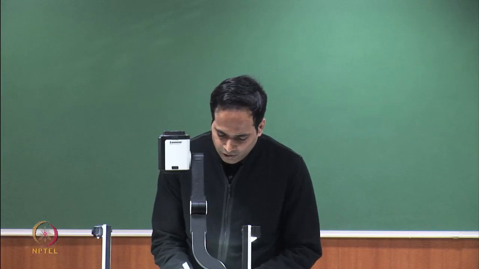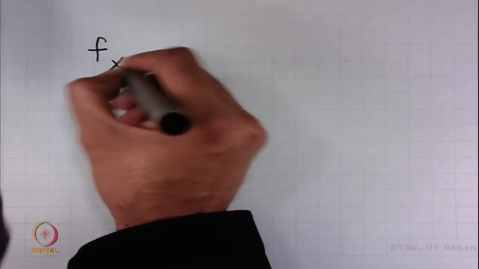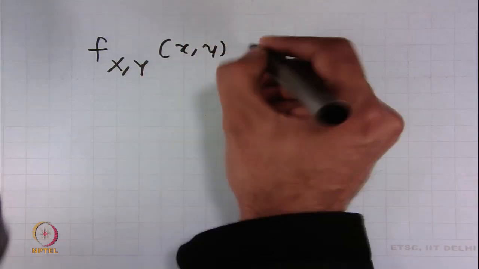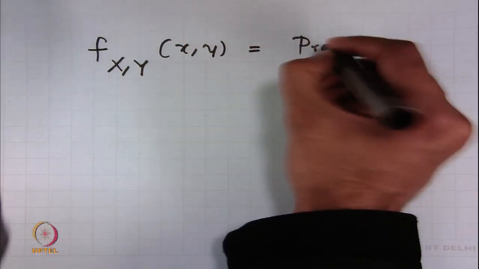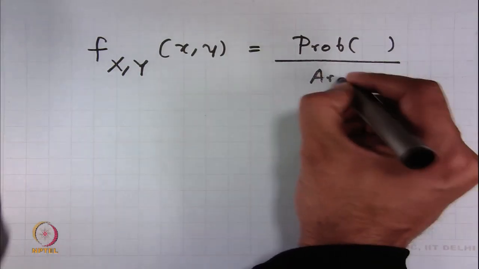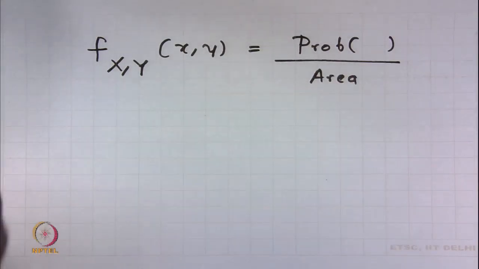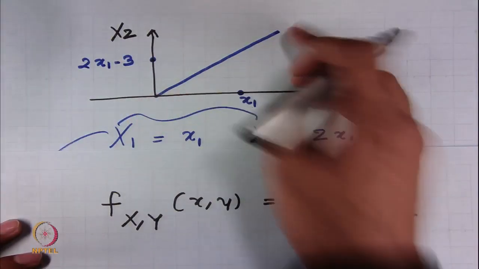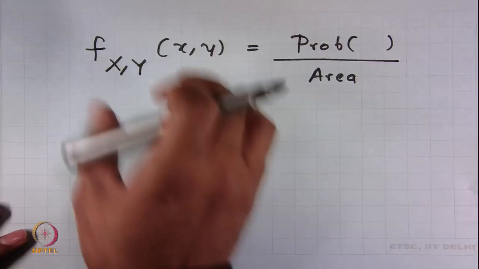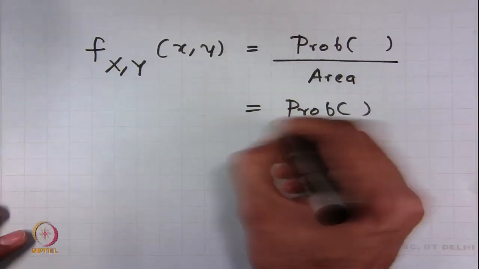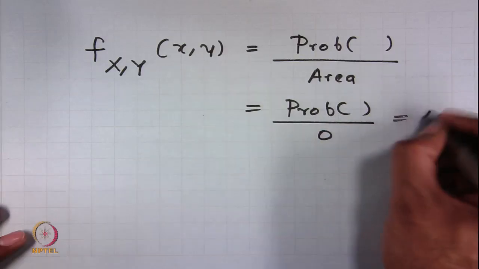Remember that the joint probability density function of 2 random variables is probability divided by unit area. In 2 dimensions it is divided by area, and what is the area of a line? The area of a line is 0. So, the joint probability density function is nothing but probability upon 0, and this is going to be infinite.